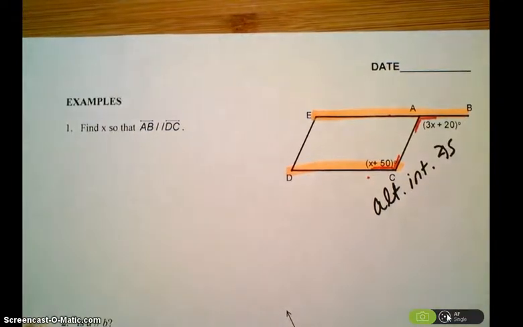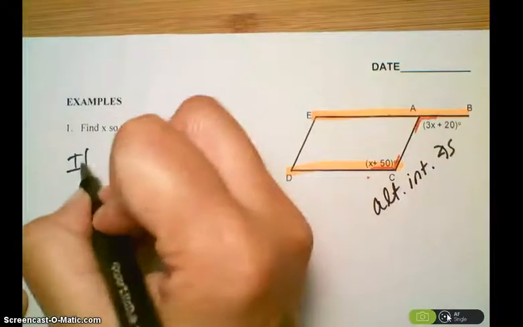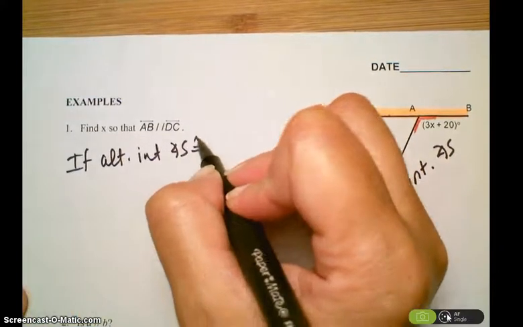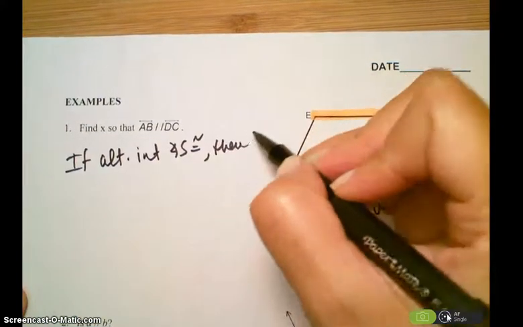So I look back and I say to myself, if alternate interior angles are congruent, then the lines are parallel.